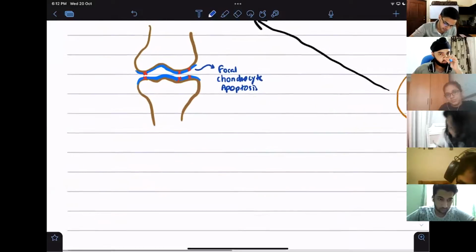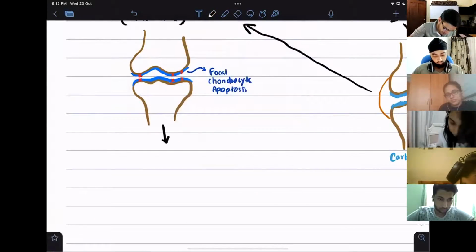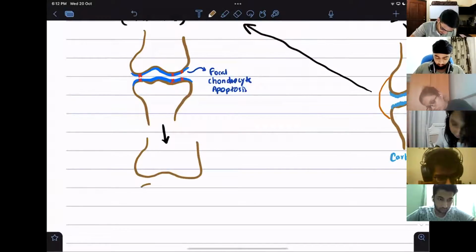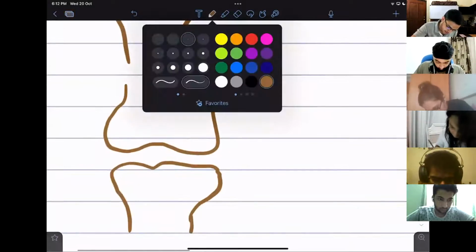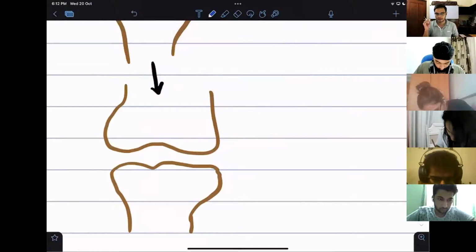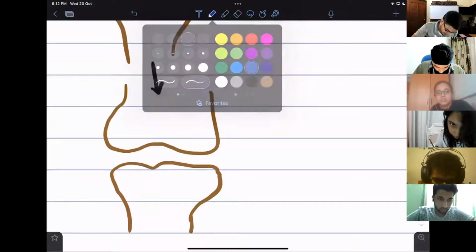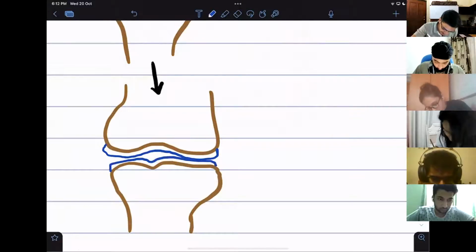Therefore, those areas become very weak. Let's draw the next diagram. Let's say it was something like this, the same bone. Those areas become very weak, and there is an erosive change towards the bone. After a while, let's say this was the initial cartilage, and these areas were touching each other. Now what is going to happen?